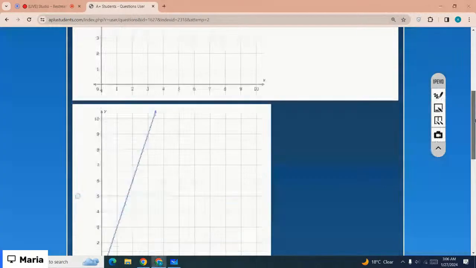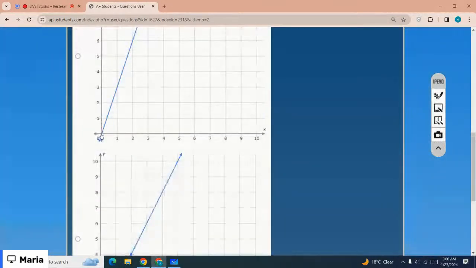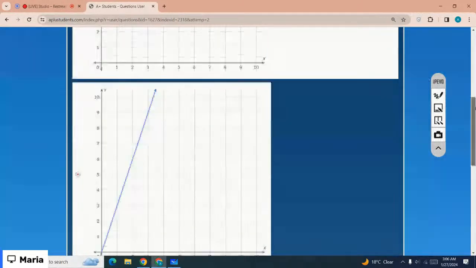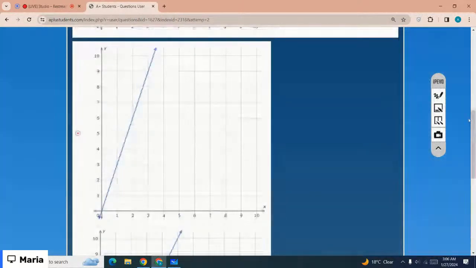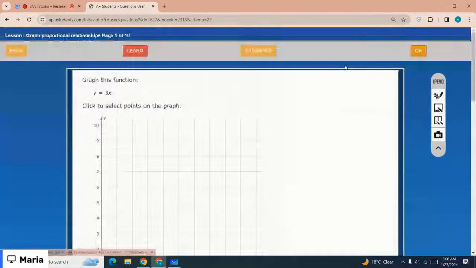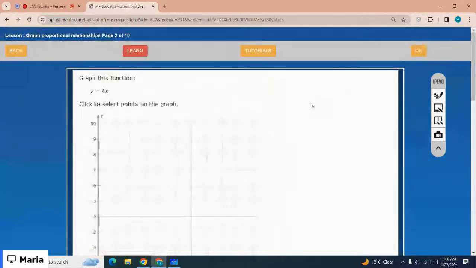Okay, we are given two of the graphs. Let's see which is that one. Here is 0, 0. The other point is 1, 3. So that means that is the correct option. You have to match the table of values with the graph because here you are given the graph. So the option number one is the correct option. For the next one, we'll just make the table of values and match the table of values with the graph.